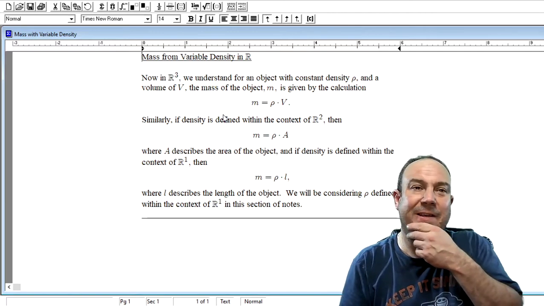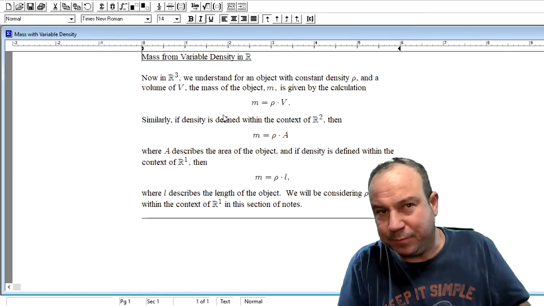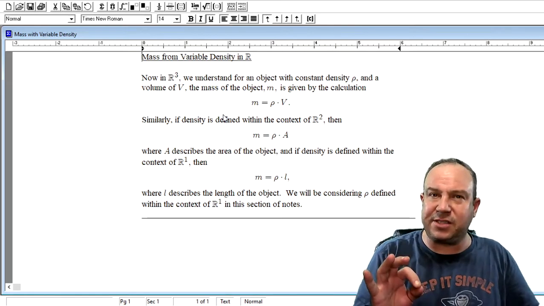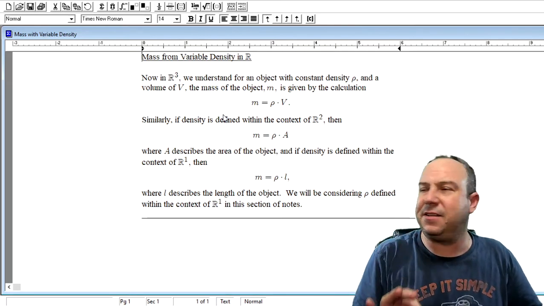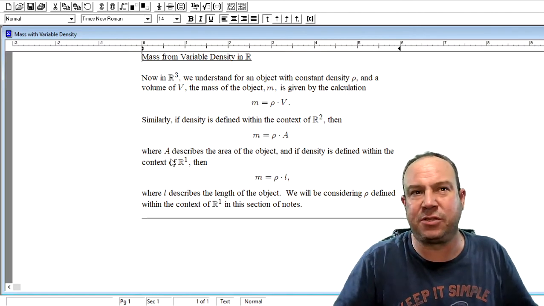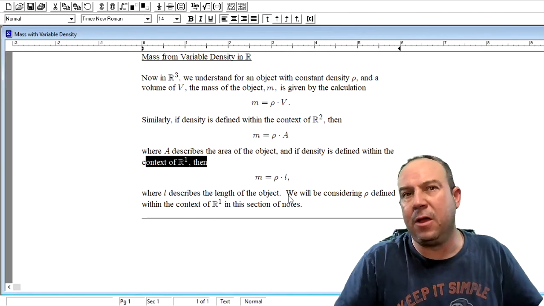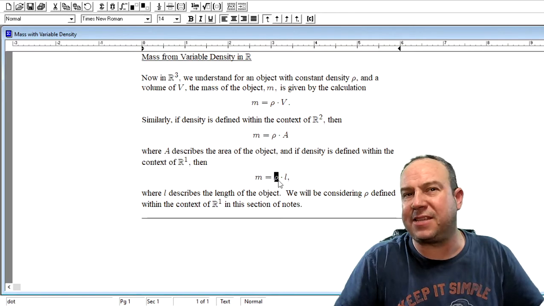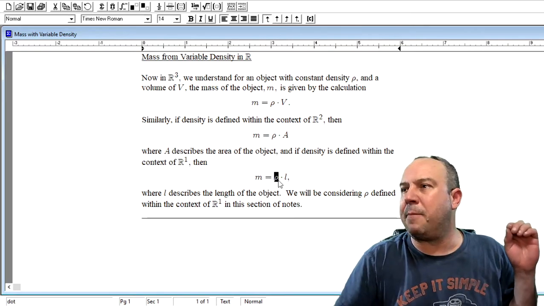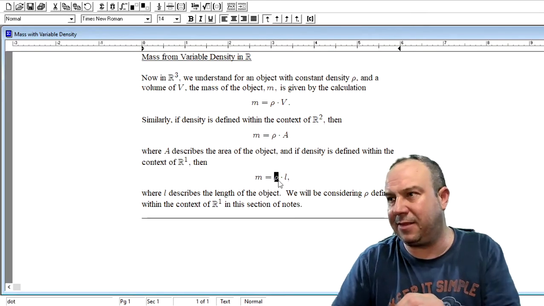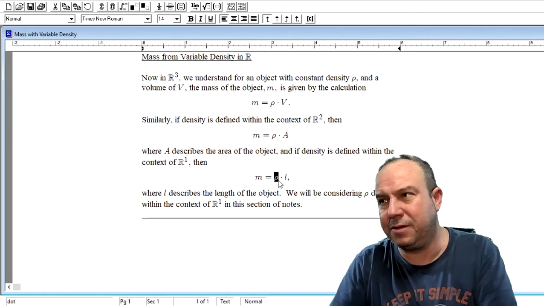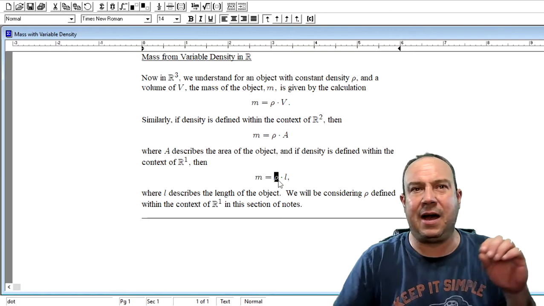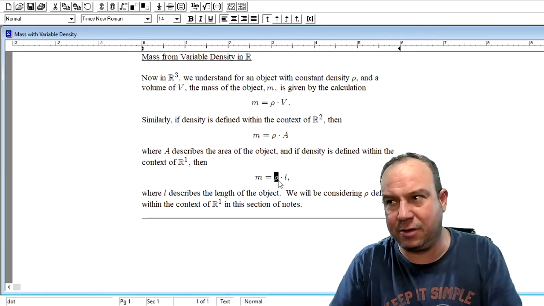Now, what we're going to consider is this final case, where we consider density defined in the context of one-dimensional space, and that's what we see here. Density might be described as a mass measurement with respect to length. We might be told something like a pound per foot, or a kilogram per meter.